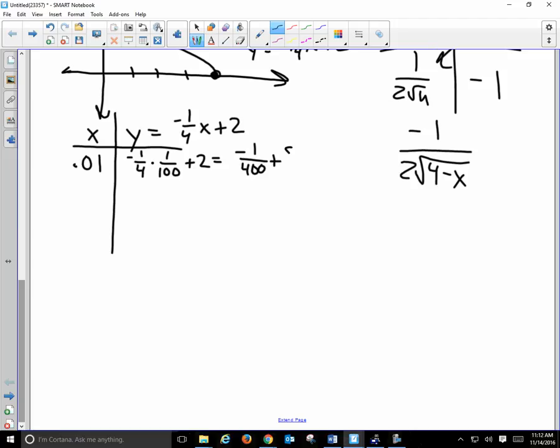I'm going to add 800 over 400. That gives me 799 over 400. So in other words, the square root of 3.99 is approximately 799 over 400. And it is an overestimate.